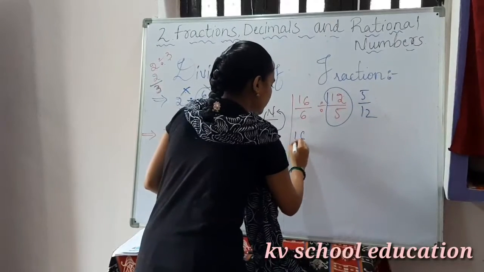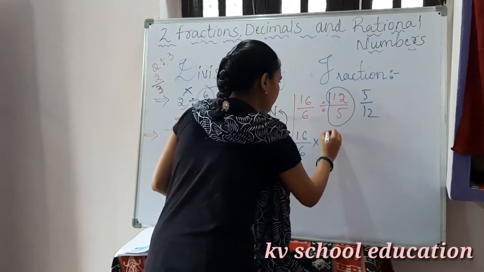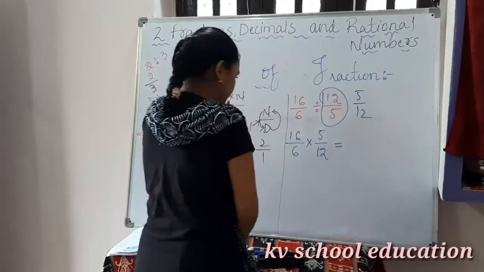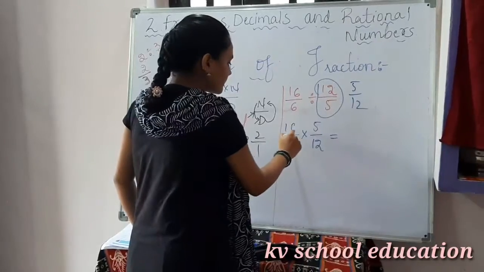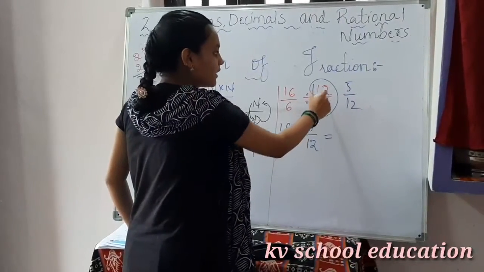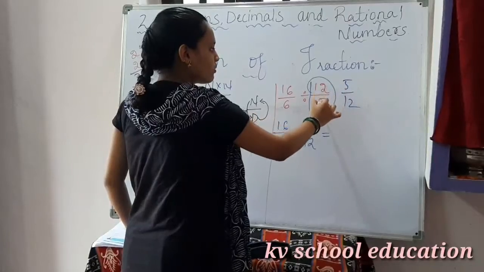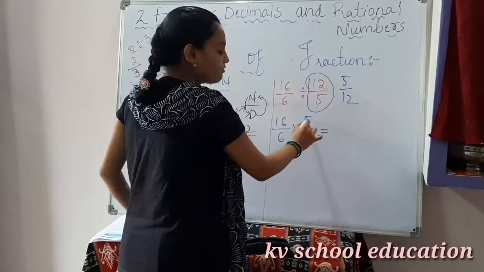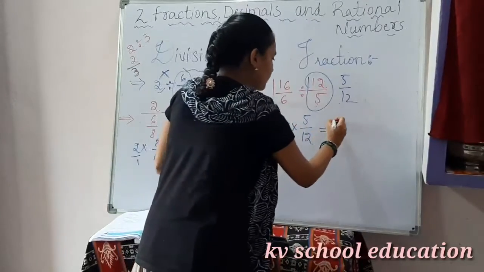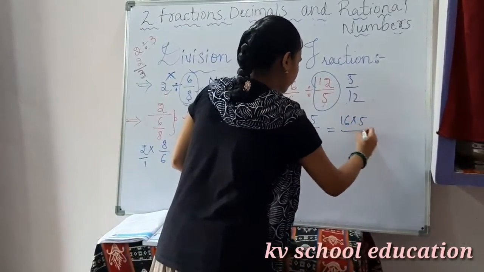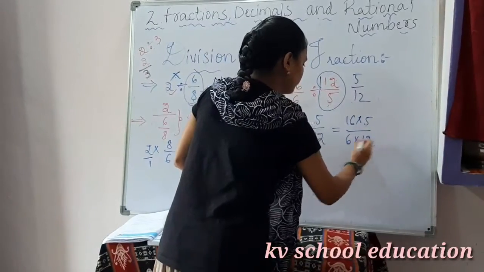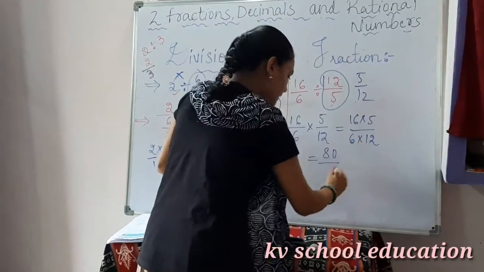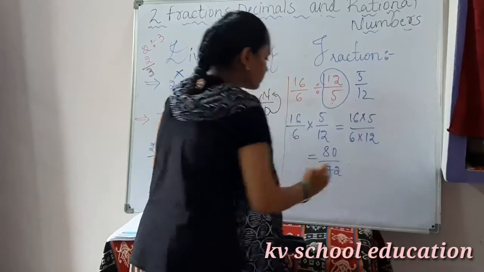So here 16 by 6 into 5 by 12. 16 into 5 by 6 into 12. 16 5s are 80 and 6 12s are 72, or 12 6s are 72.